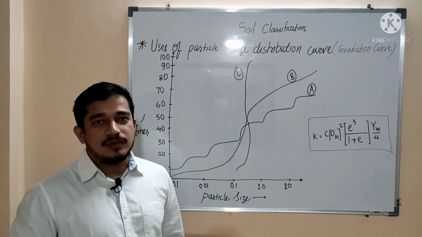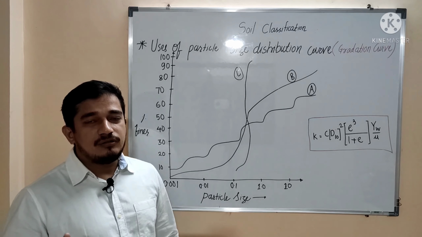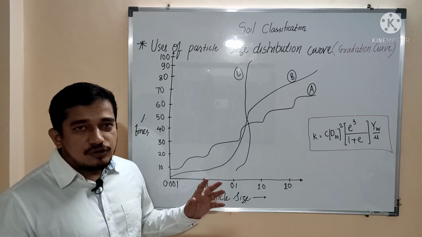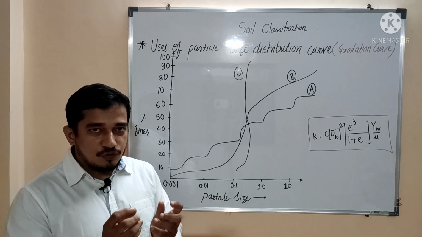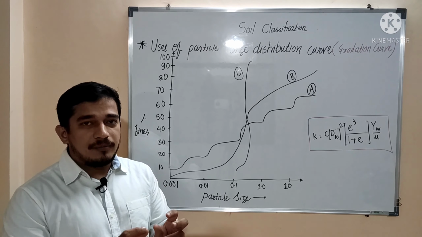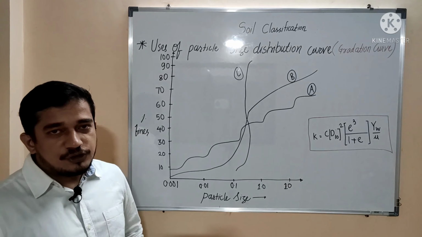And coefficient of curvature is nothing but it gives the nature of the curve that we have plotted. Okay, so on these two factors, that is coefficient of uniformity and coefficient of curvature, we will classify the coarse grain soil that we will study in latter part. Okay, but these are the two parameters that are used for classification of a soil or classification of coarse grain soil. Okay, that's the basic use.